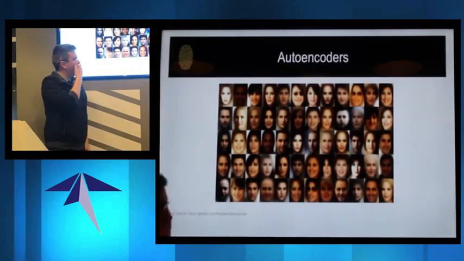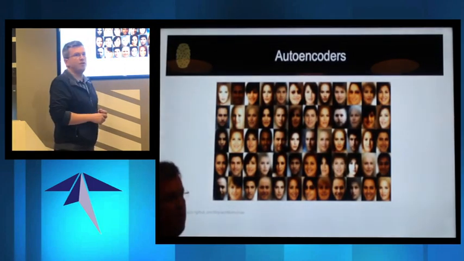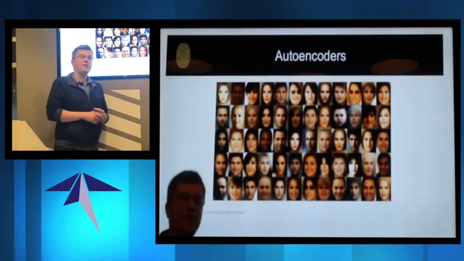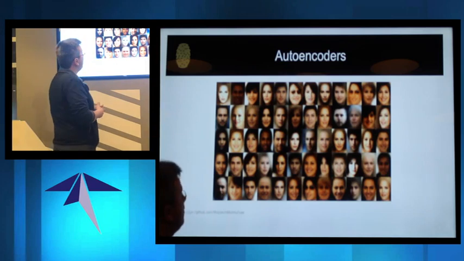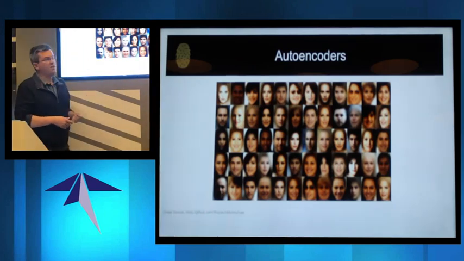As an example, these are artificial faces generated by a variational autoencoder. These people don't exist. This is a system that has been looking at faces for a long time. It has been understanding what is a face and what is not a face, and then it's been asked, by randomly sampling from its posterior distribution, to generate the face.